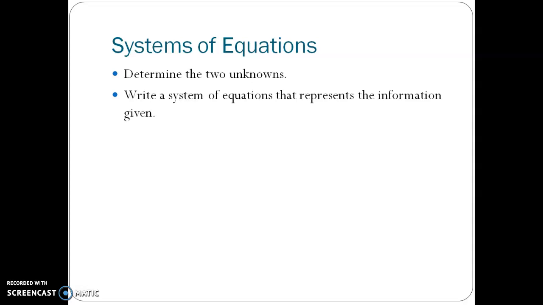Now, generally for systems of equations that we're going to do, that usually means 2 equations that you're going to write to represent this information. Once you've written the system of equations, then you can solve that system, and there are a number of ways to solve a system of equations. Some might be easier than other methods. So we can solve a system by graphing, by substitution, or elimination.